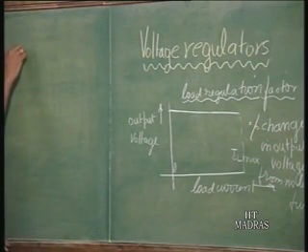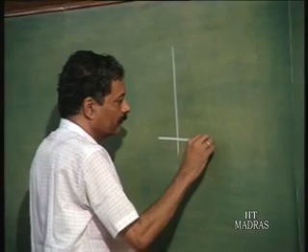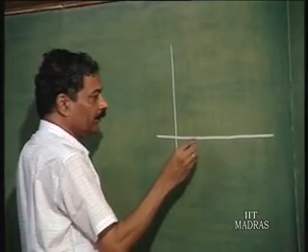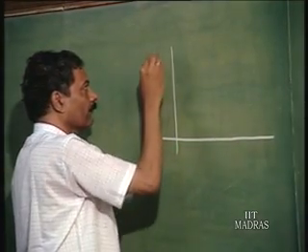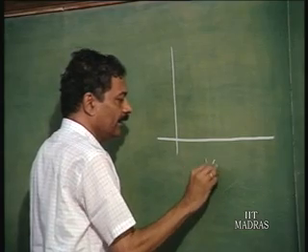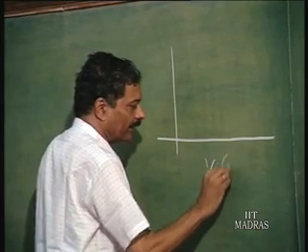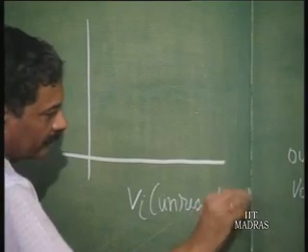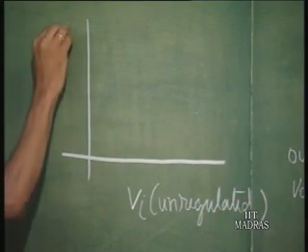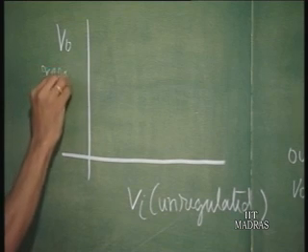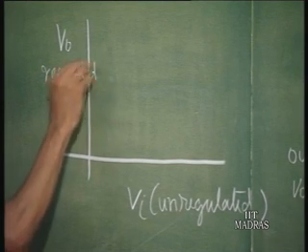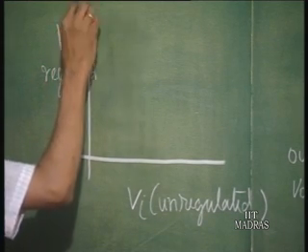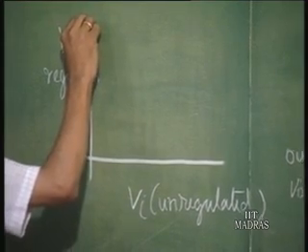Apart from this, you put, as you vary V I unregulated, V naught regulated, so how does this vary?